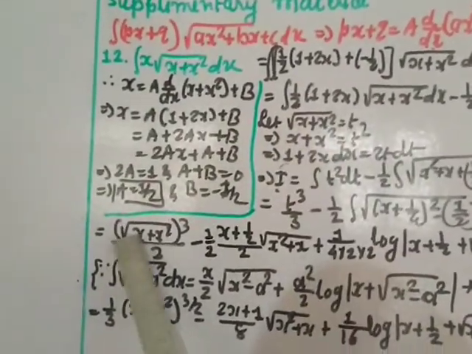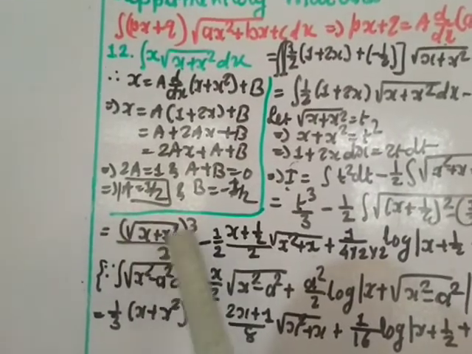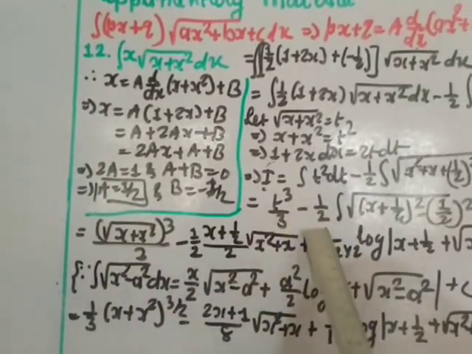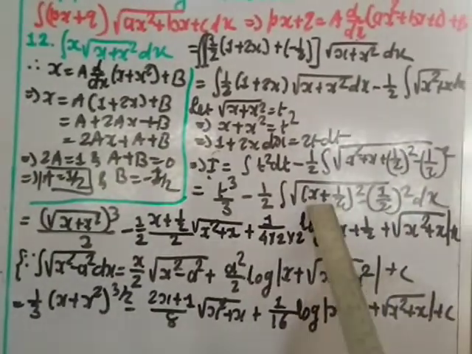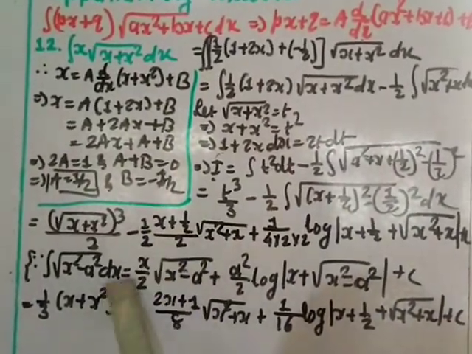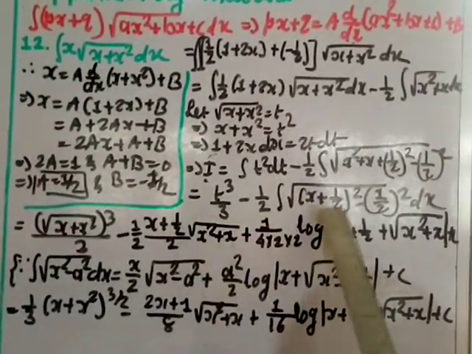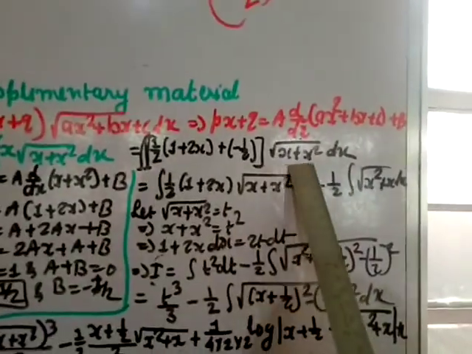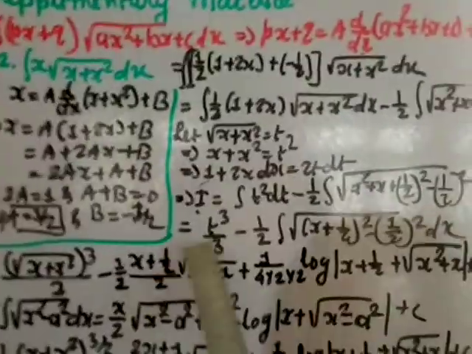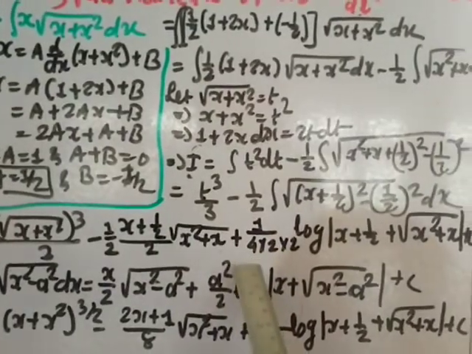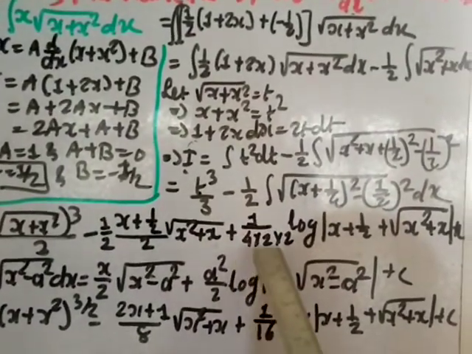So I put here (x plus x square) whole to the power 3, divided by 3, minus 1 by 2. Now I am using this identity. So x is x plus 1 by 2, and the square root of this value, which you have derived from here, so I put that back directly. So it is square root of x square plus x plus 1 by 4, into 2 into 2.